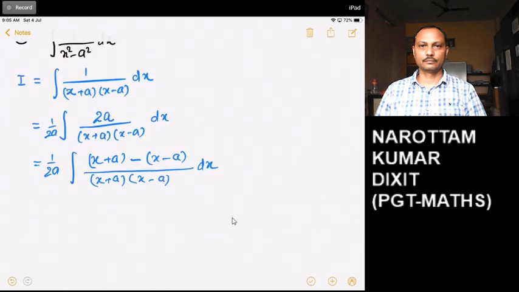We can write this two way like x plus a minus x minus a. So you can see if we open the bracket, then x is cancelled out and a plus a, that is 2a. So in place of 2a we have written x plus a minus x minus a.